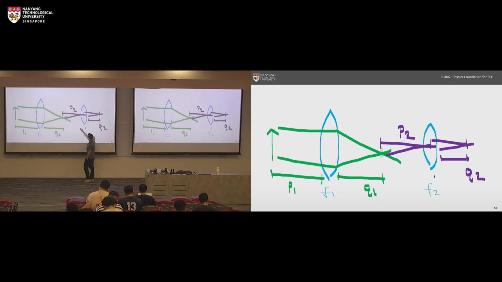If you just look at this lens, if I have a focal length number 2, and I have a purple object as my new object, this is called P2. P2 passes through F2 and can also focus at a point, which I define as Q2. So if you look at the two lenses separately, they actually have their own thin lens equation.